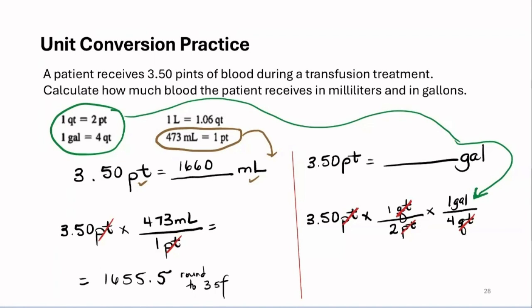How I enter this in the calculator is that I'm going to type in the calculator 3.50 times 1 times 1 divided by the multiplication of these two numbers, meaning dividing it by 8. That's going to be what I use to enter in the calculator to get my answer.